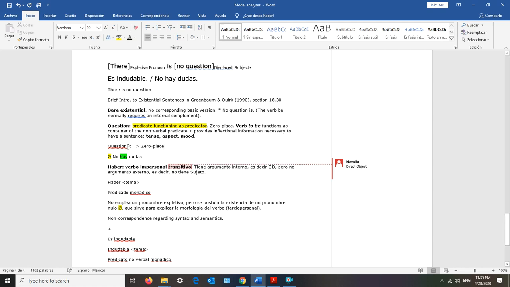And then, given it is a non-verbal predicate, we have the employment of is, the verb to be, that provides containment for this non-verbal predicate, a nominal predicate.